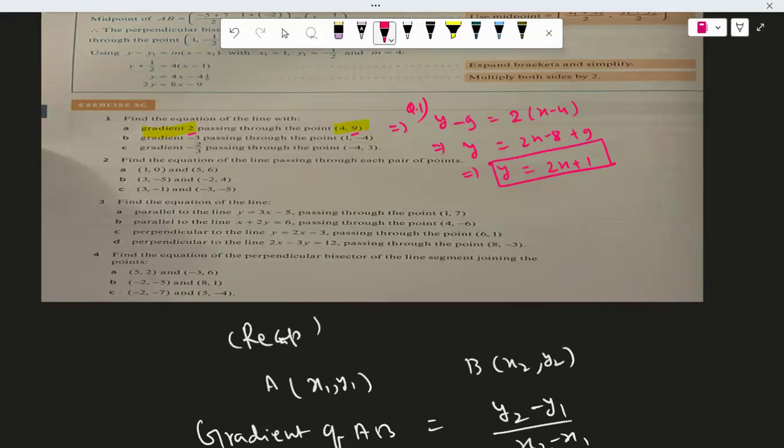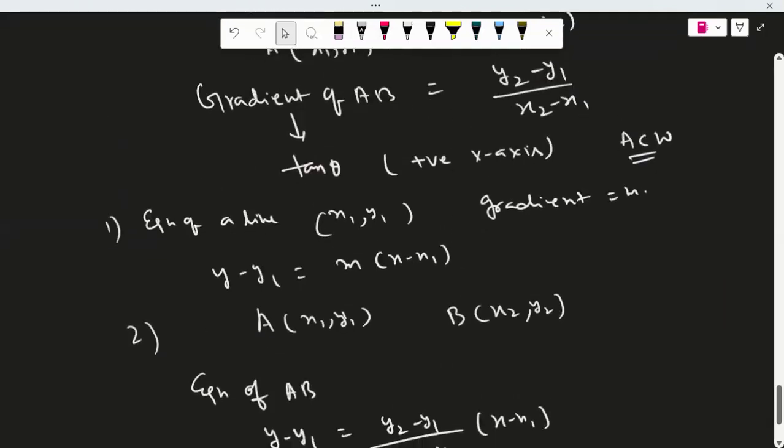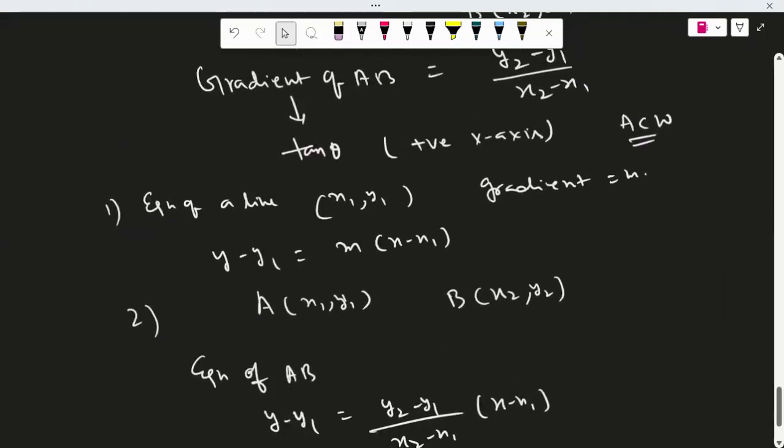One thing that I can notice is that you do not go through the things we did earlier. Whenever we do any class session, please go through all these things once again and try to practice. See, we just discussed it. If 1 point and gradient are given, then the formula is y minus y1 equals m times x minus x1.